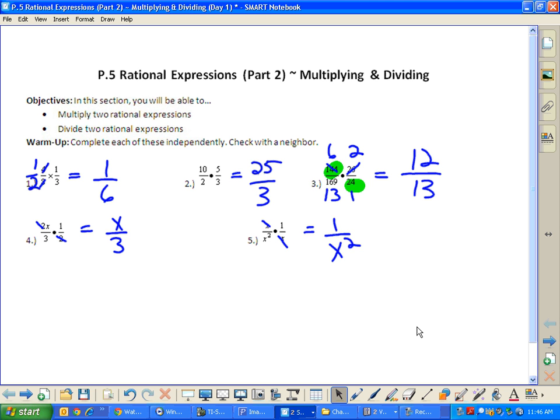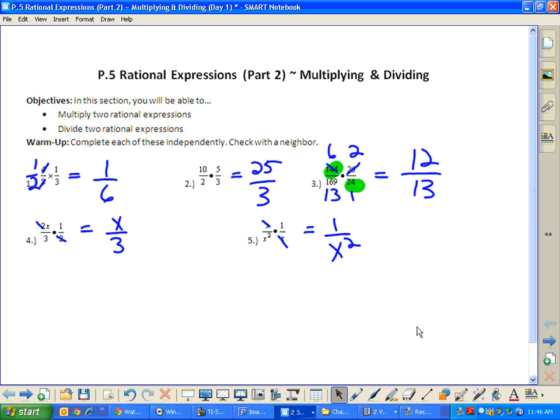What that means is that you can cancel or reduce out common factors that occur diagonally across your product. So for instance, do you see how I've highlighted 144 and 24? They have a common factor. 24 and 144 are both divisible by 24. 24 goes into 24 one time, so that's why I put that 1 there. And then 24 goes into 144 6 times, so I cross it out and I put a 6.